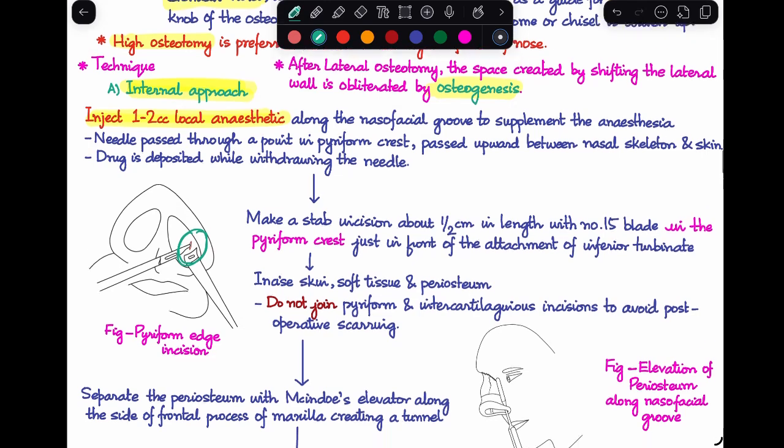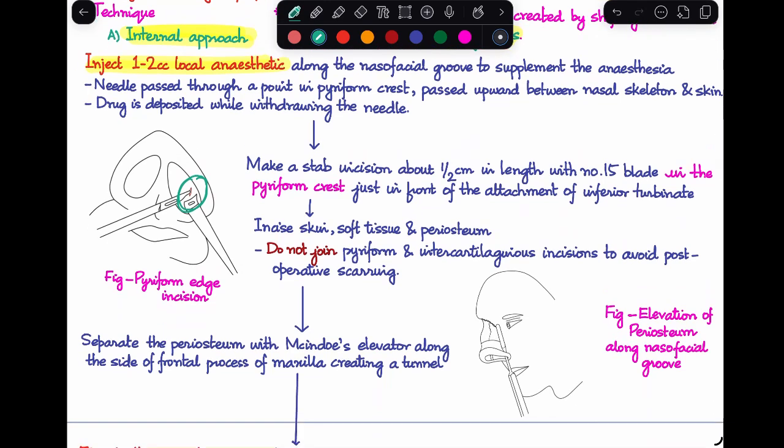And it is important to remember here, if you remember the rhinoplasty procedure, we had used an intercartilaginous incision in our closed rhinoplasty. We should never join both this piriform and the intercartilaginous incision because that will lead to post-operative scarring.